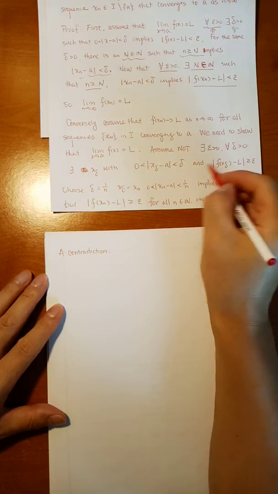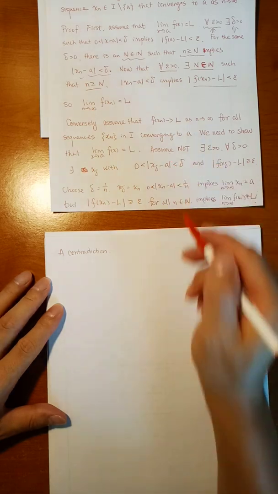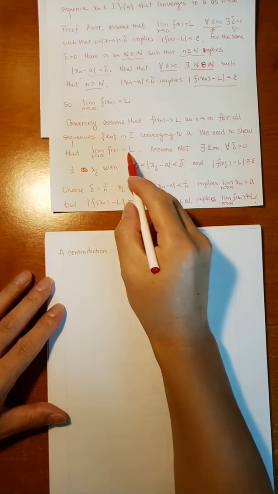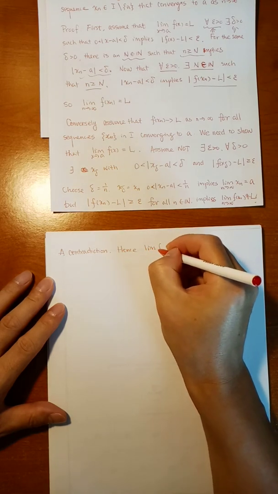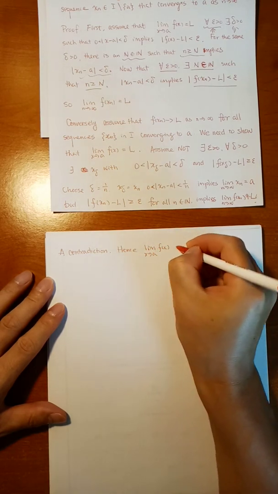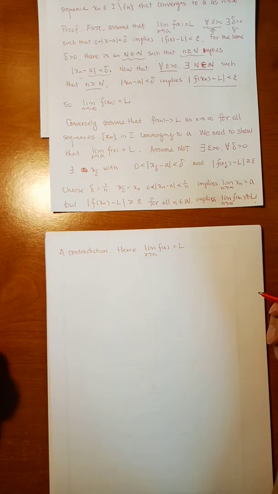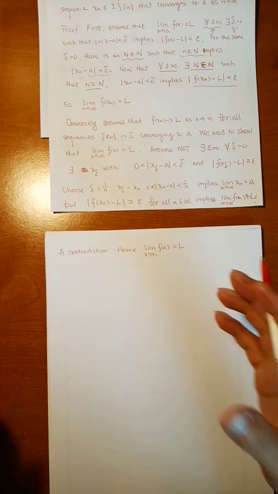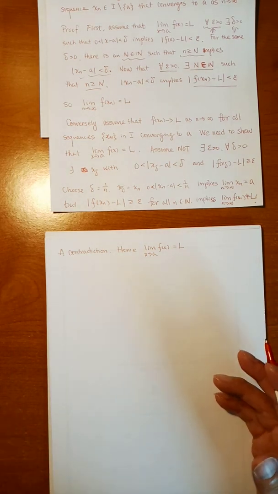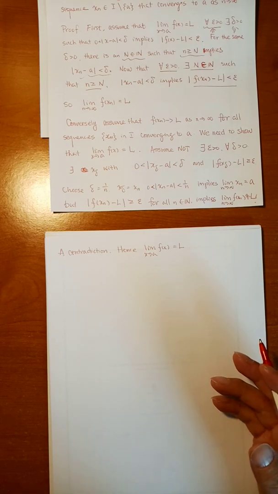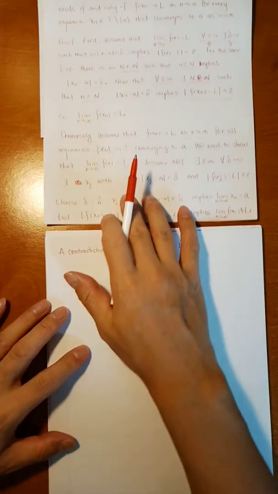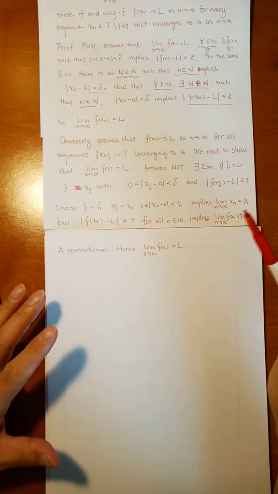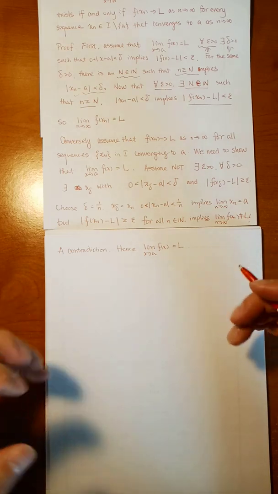The contradiction comes from your assumption that the limit of the function is not equal to L. Hence, the limit of f(x) as x approaches A must be L. If it is not equal to L, we can construct a sequence converging to A, but the values of the sequence do not converge to L. This is the connection between the limit of function and the limit of sequences.